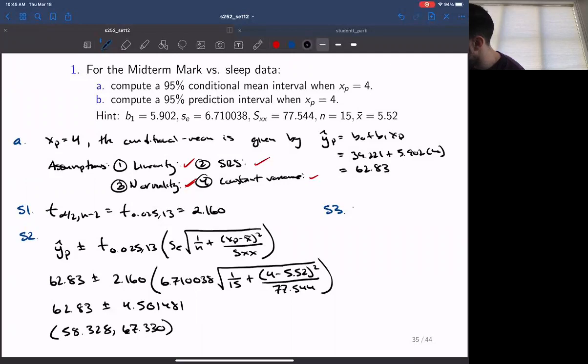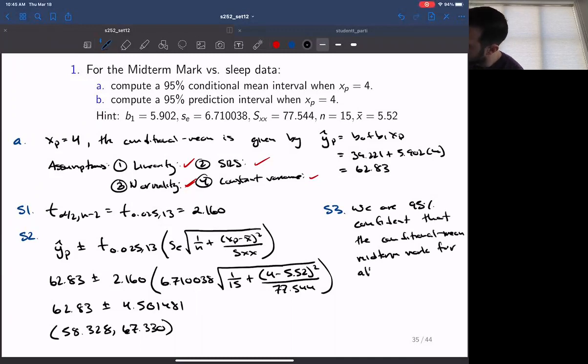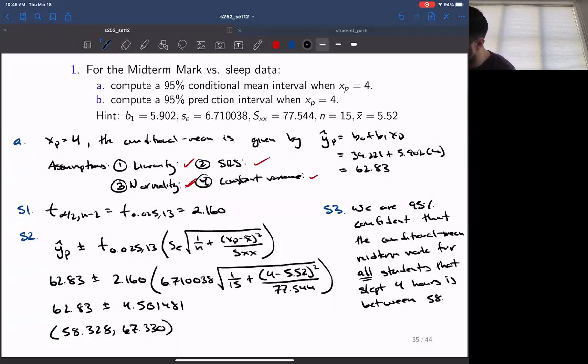Okay, so now we can say we are 95% confident that the conditional mean midterm mark for all students that slept 4 hours is between 58.33 and 67.33%.